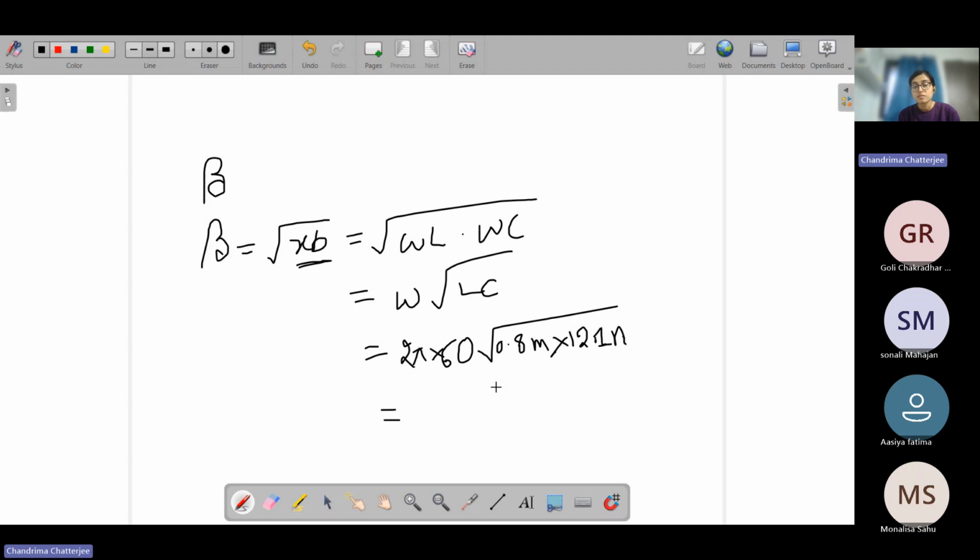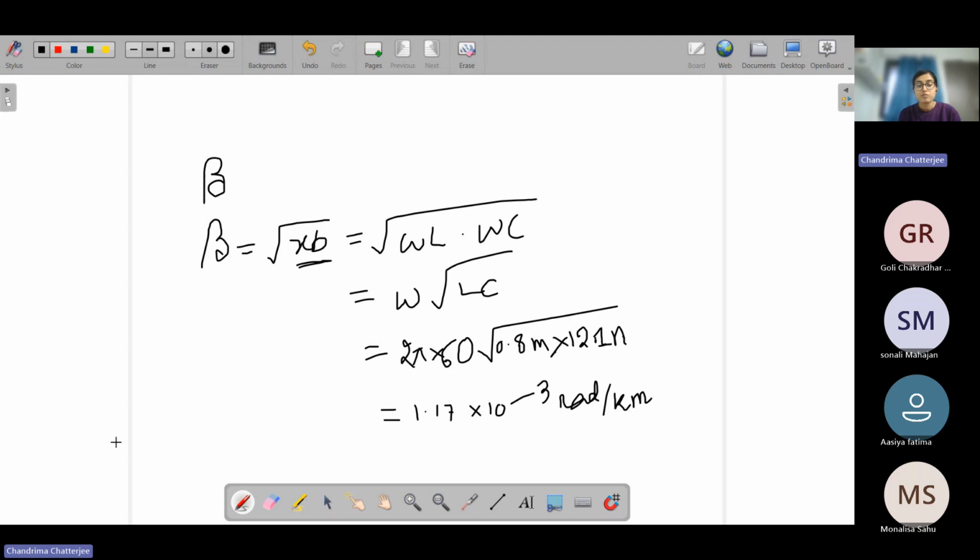Please, can any of you calculate this? What will be this quantity? 1.172 into 10 power minus 3. Yeah. But remember the unit of beta is radian per kilometer.